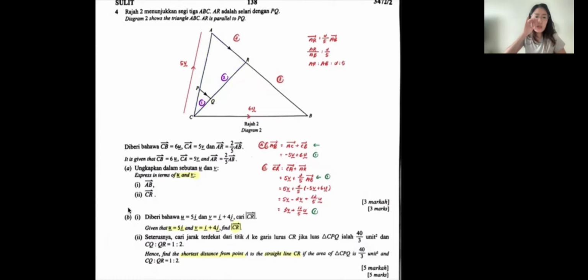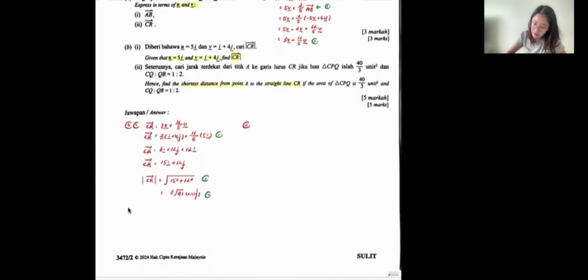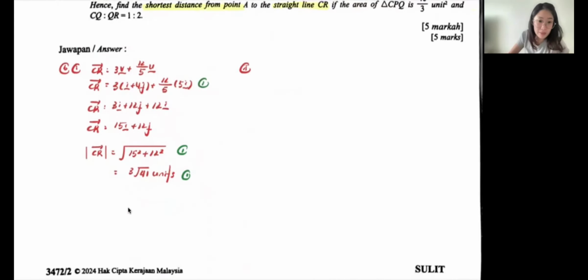So over here, basically, we are going to use the area of CPQ to find out the shortest distance from point A to the straight line CR. This is the height of the triangle. You can use the traditional formula, but we are going to use the proportional method.